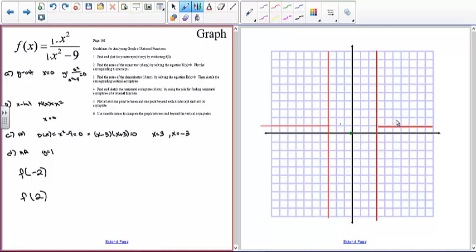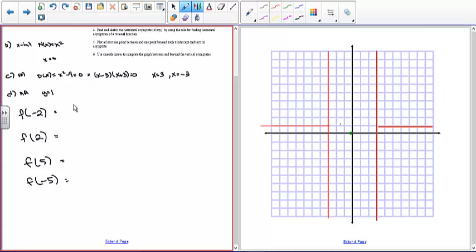And then we could do, let's say, f of 5 and f of negative 5. And again, because of symmetry, we probably only have to do this once. So the function is x squared over x squared minus 9.